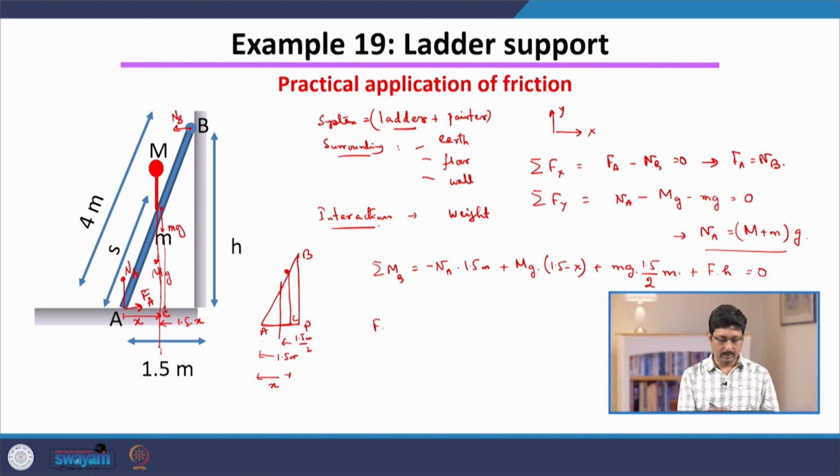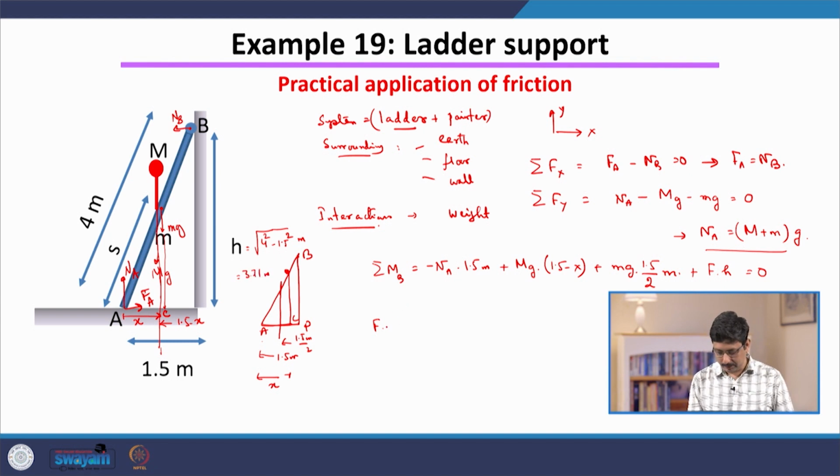Now, note that from the problem, h is known. h is from geometry, this is the square root of 4 squared minus 1.5 squared, and the unit is meter, and this turns out to be 3.71 meter.